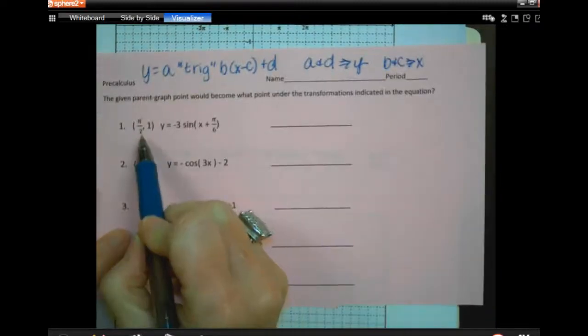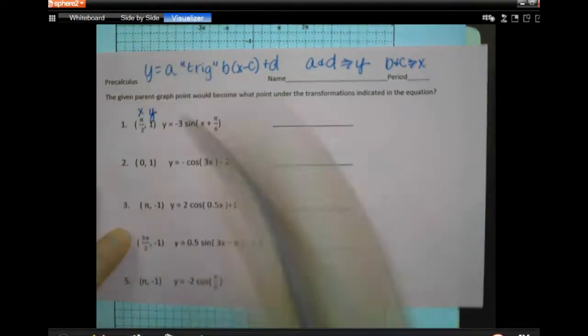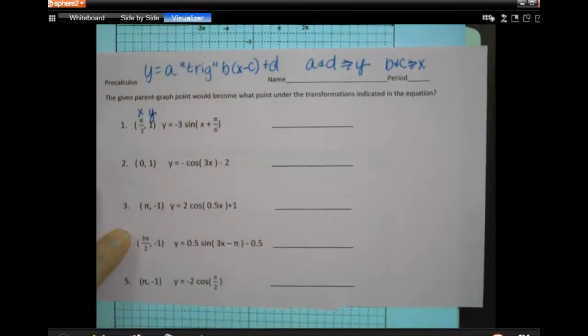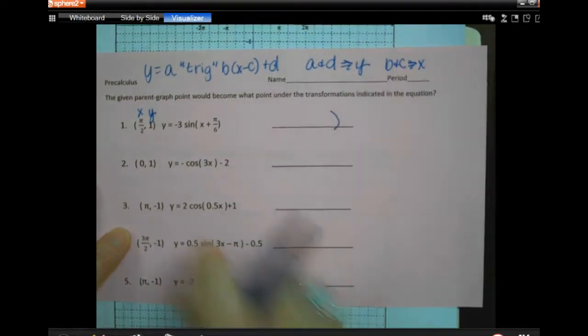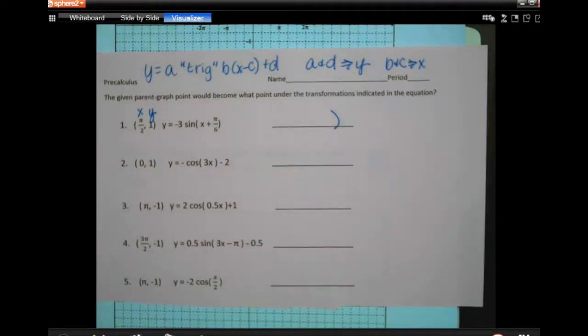So in example number 1, this is my X, this is my Y. I'm going to start with the Y because you all seem to understand that one better. So we'll do Y first. So if I start with 1, what do I do with that? Correct.